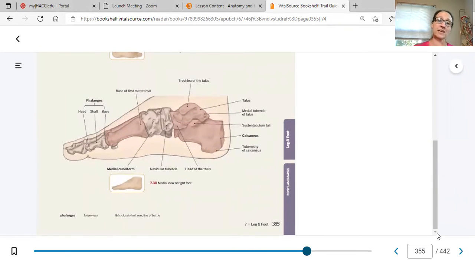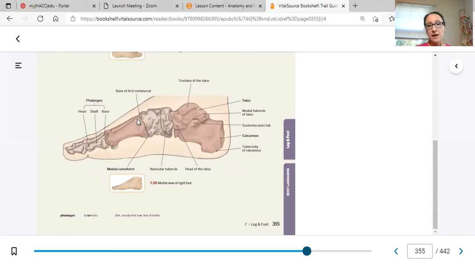If we take a look at the medial view of the foot, it looks very different, right? We don't have that huge tuberosity there. We have phalanges, only 2 in the great toe, 1, 2. We have the metatarsal, and this is the base of the first metatarsal, just to give you an idea, because some bones are flipped where their base is more proximal, and it gets a little confusing.